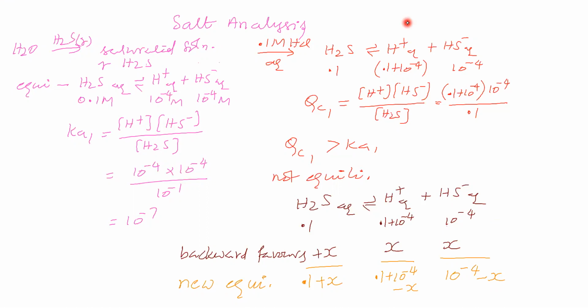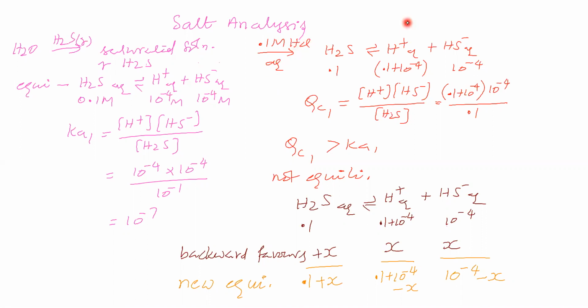Now compare the HS minus concentration with this. See the concentration of HS minus here, and the concentration of HS minus here. Now say what happens to the concentration of HS minus due to the addition of HCl.